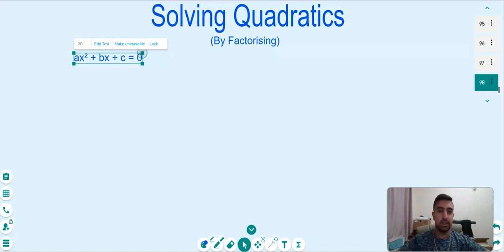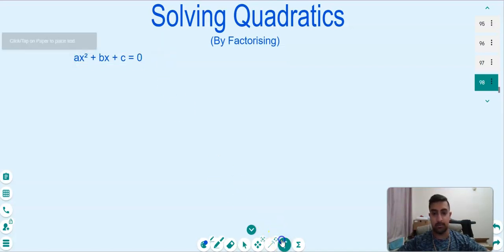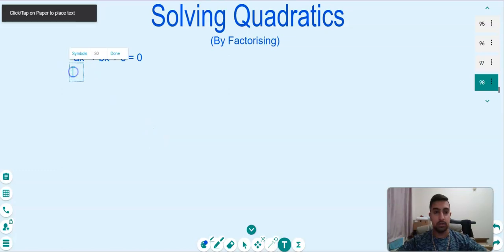Okay, so on the left-hand side of the screen, you can see the generic formula for a quadratic equation, ax squared plus bx plus c equals 0. And now, let's take a look at how we can factorize a quadratic. So when we factorize, there are two things we're looking for.